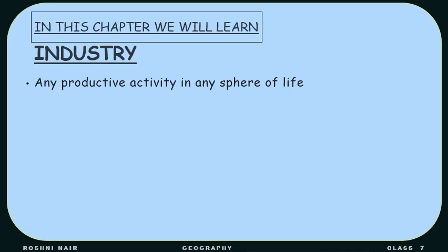It can be an economic activity that is concerned with the production of goods, even the extraction of minerals, or even, as I told, provision of services like hotel industry, even the entertainment industry, media industry. Thus, I can also mention the example of iron and steel industry, which is involved in production of goods, coal or mining industry, which is involved in extraction of coal, and the very familiar tourism industry. So they are service providers.